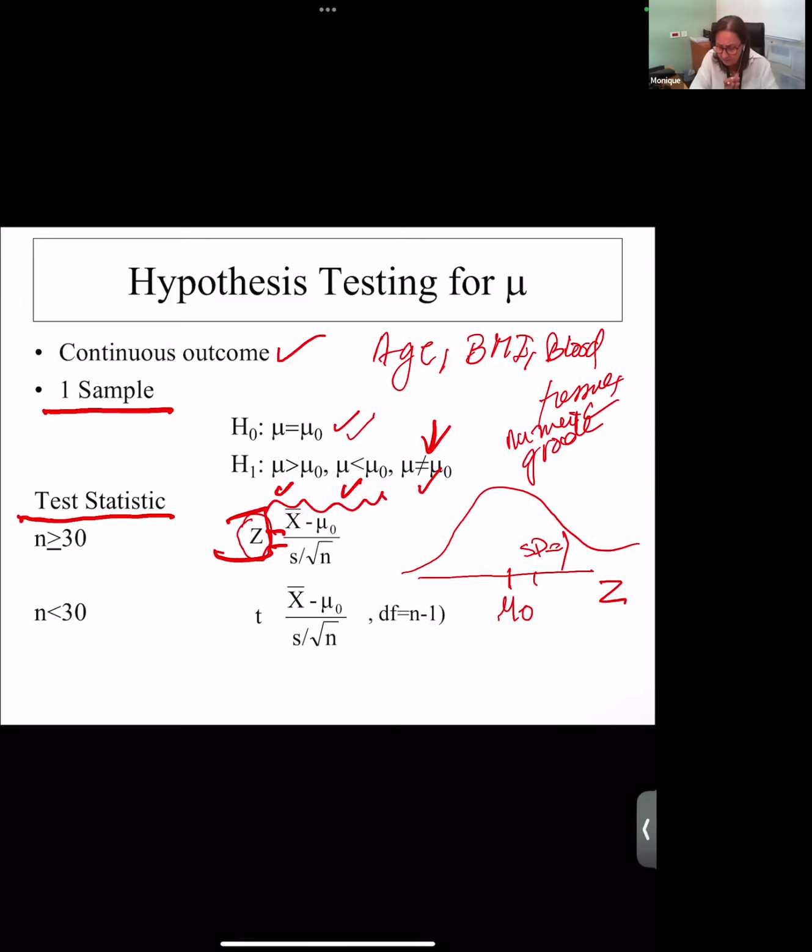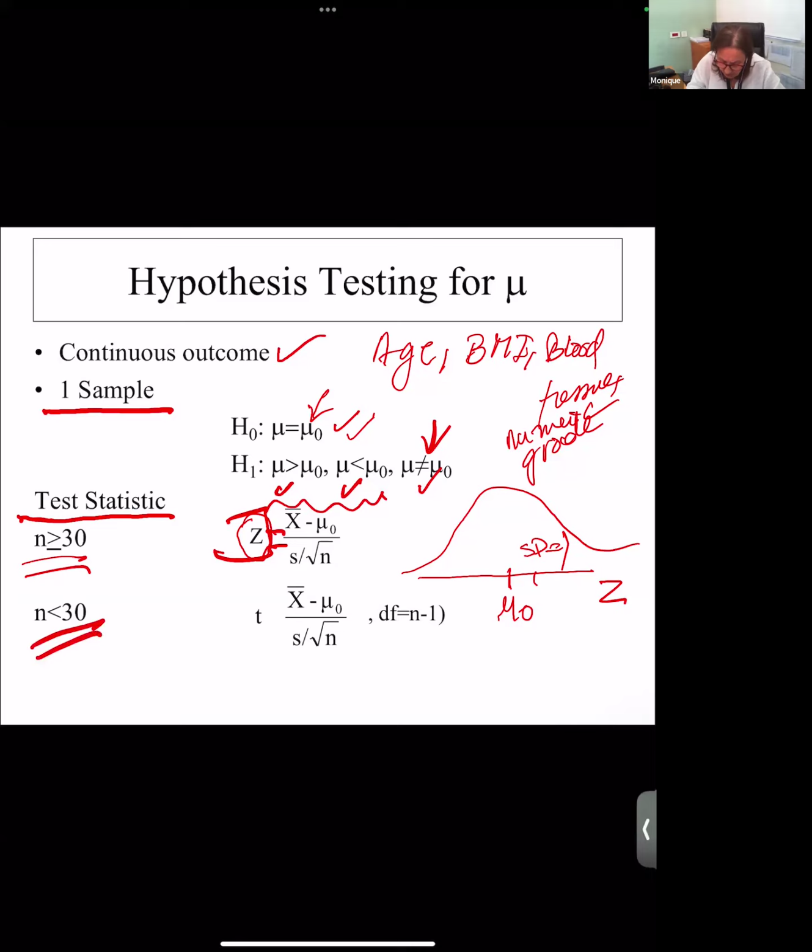So this is the difference between your sample statistic minus your parameter, which is mu 0, over the standard error of your statistic. When n is greater than 30, we use the Z-test or the Z-table. When n is less than 30 and the population is normal, we use the T distribution rather than the Z distribution.